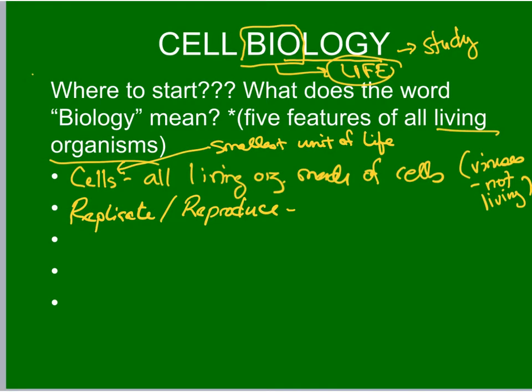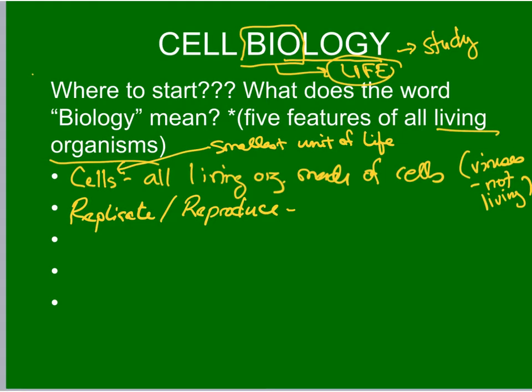No, I don't really want new Mary Pats, but if you want to have children, we do it by sexual reproduction. But sexual reproduction isn't the only way to reproduce. You can reproduce asexually or sexually. I'm just going to leave it at replicate and reproduce. So those are 2 of the features of living organisms.